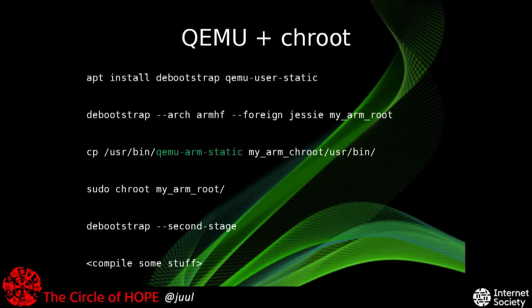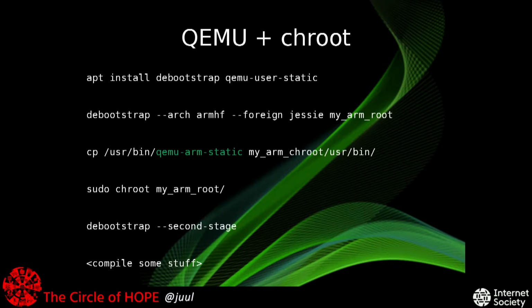All right, so just QEMU plus chroot. This makes compiling really easy, and that's how I've set up the entire userland for this system. You can do a debootstrap for a foreign architecture, and you can just tell it to only do the first stage of the debootstrap. It means it creates the entire root partition for a Debian system for an ARM architecture.